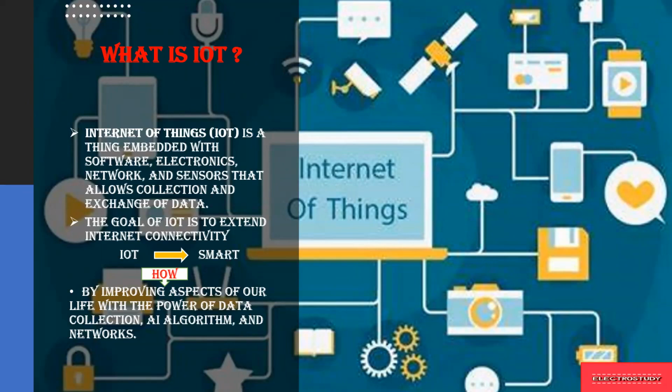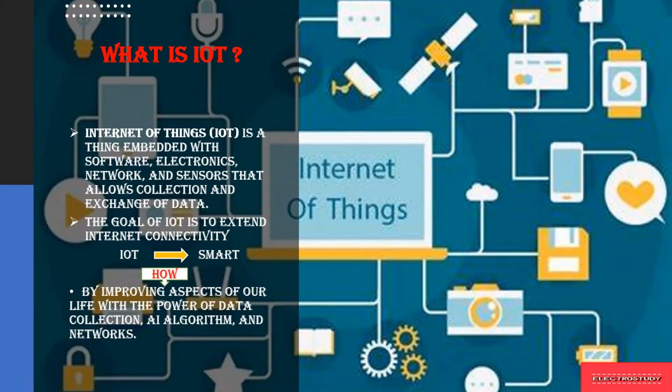So what is the goal of IoT? Based on internet connectivity, it helps in connecting different people at different areas with a common server. So you can call IoT a very smart application. How can you say that it is smart? By improving the aspects of our life.